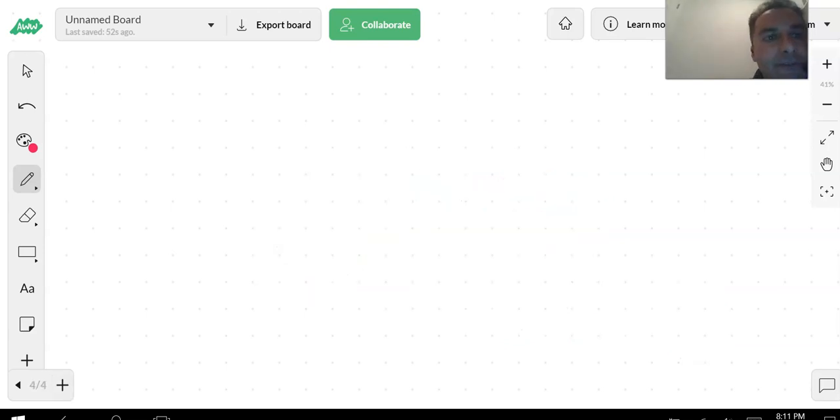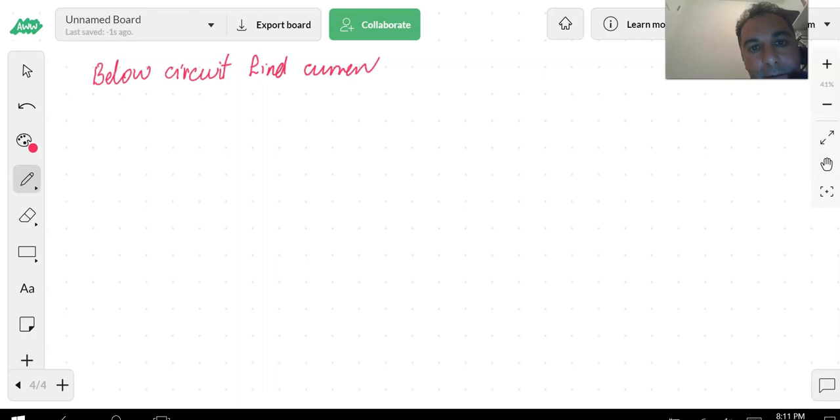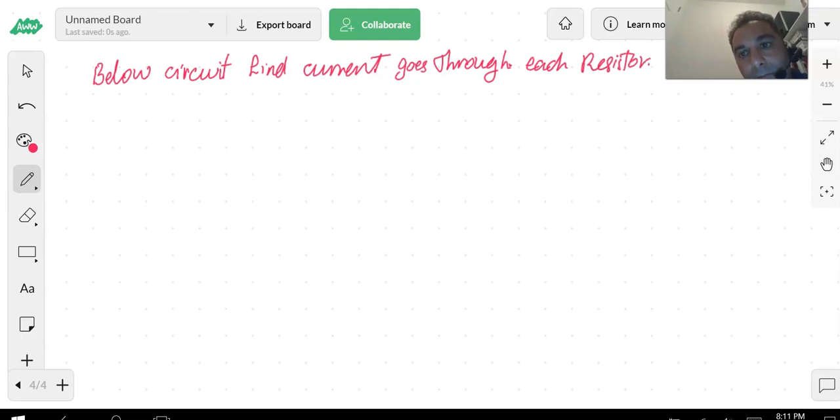So the question is, again, in the below circuit, find the current that goes through each resistor.